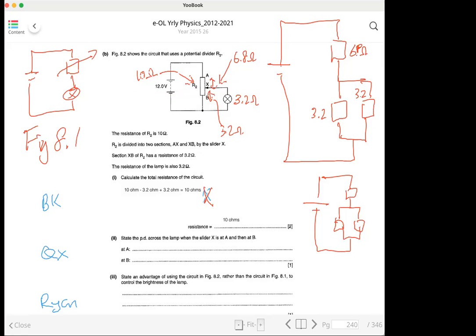Okay, so for part 3, what's the advantage of 8.2 compared to 8.1?